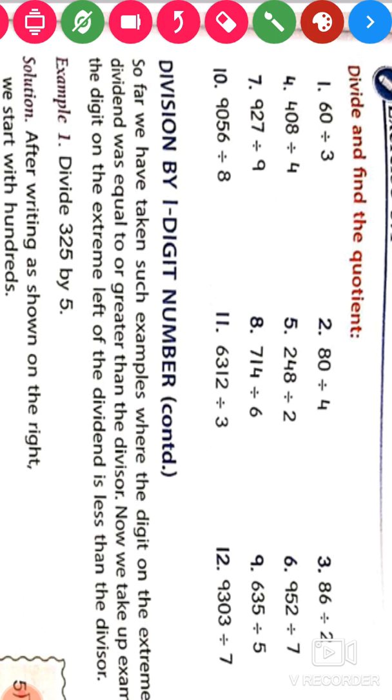Now, let us do question number 7. Question number 7 says 927 divided by 9.